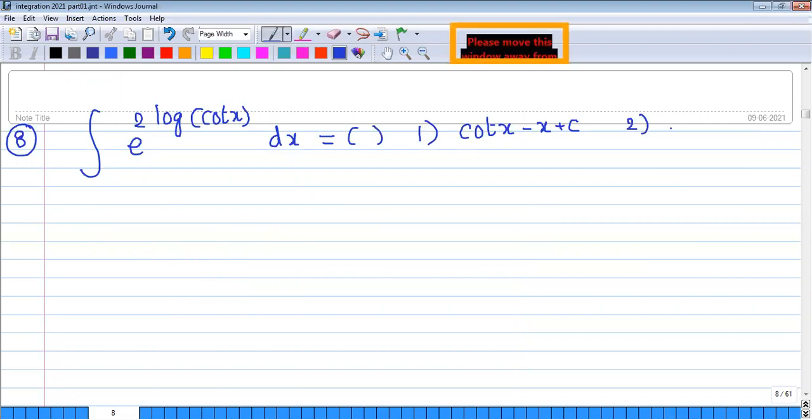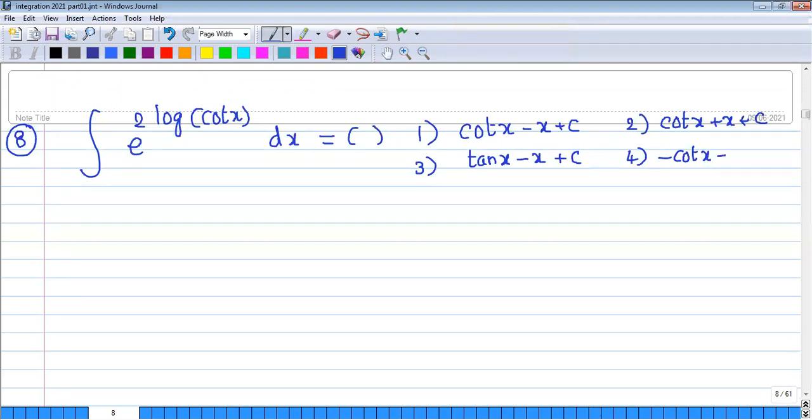Second option cot x plus c. Third one tan x minus x plus c. Fourth one is minus cot x minus x plus c.